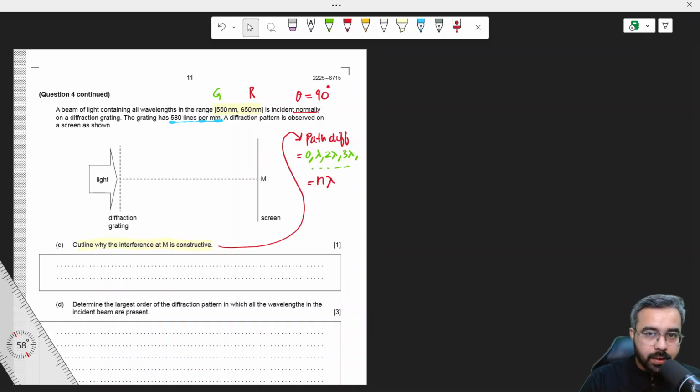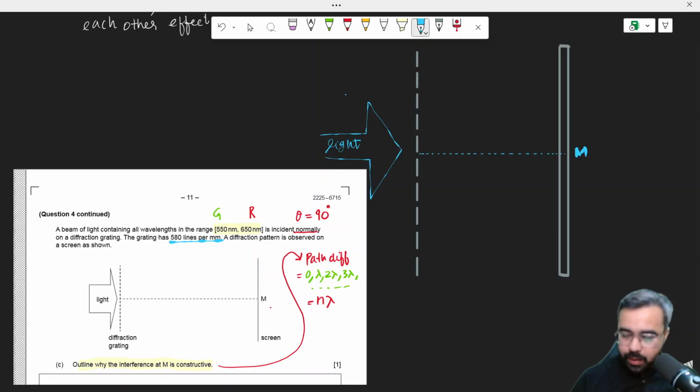Because all the lights which are reaching M are, let me show you. So students, this point is M. Now the question is why it is always constructive. The reason is the same. Light is falling on this whole diffraction grating.